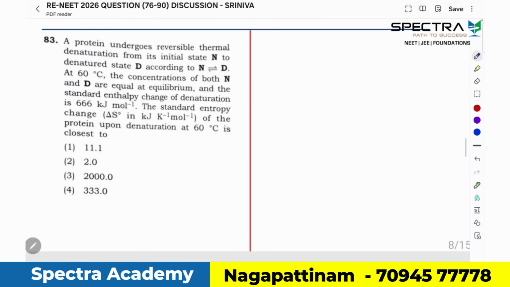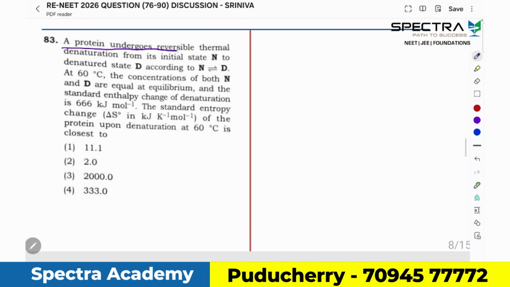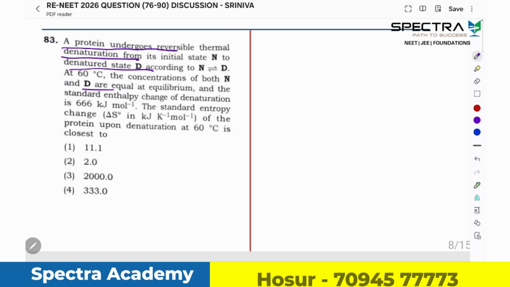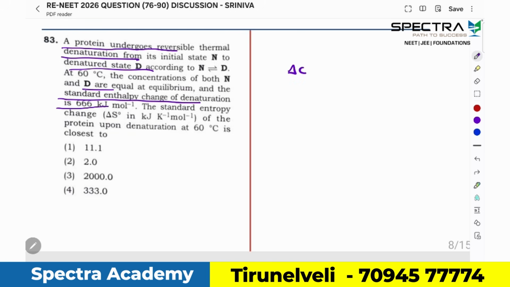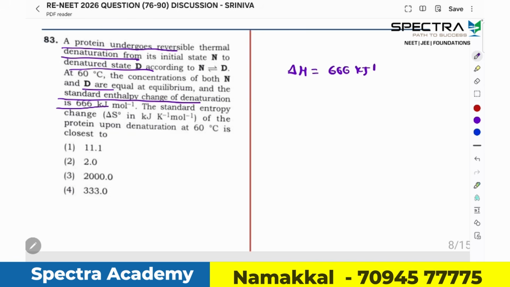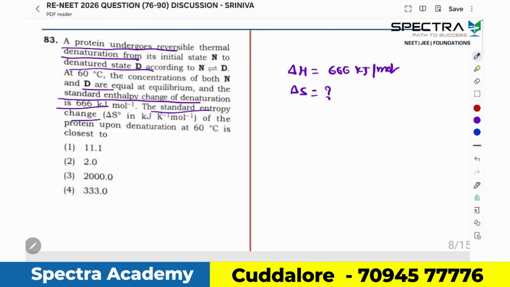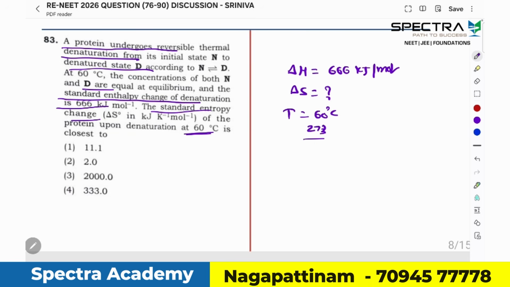83. A protein undergoes a reversible denaturation process, and at equilibrium they mention the standard enthalpy change, they given 666 kilojoule per mole, and they are asking for the standard entropy change. They given the temperature is 60 degrees, plus 273, that is equal to 333 Kelvin.